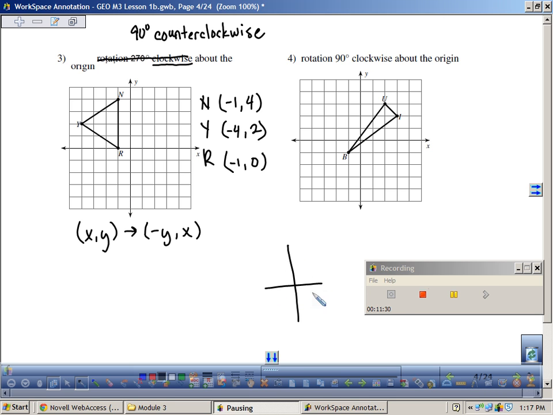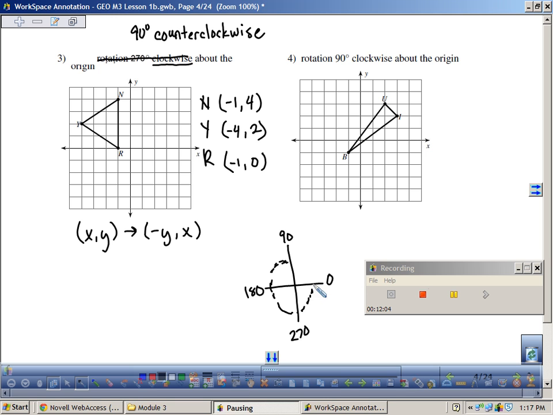If I say I'm going this way, 270 degrees, where am I at? If I go this way, right here, where do I end up? This is 0. How many degrees is this? 90. How many degrees is this?